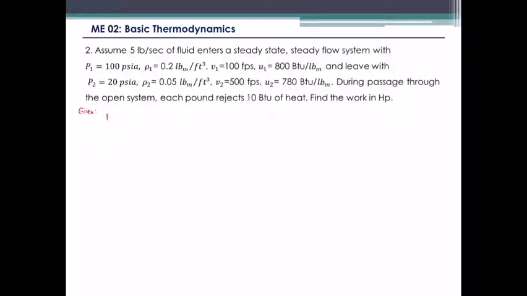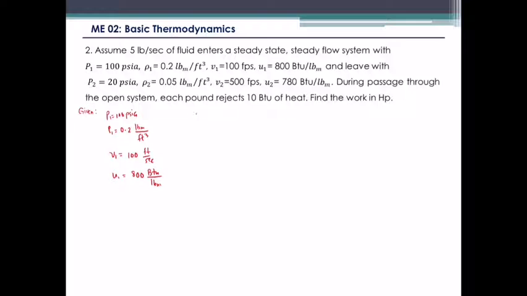We have P1, 100 psi absolute, density at point 1, 0.2 pound mass per cubic feet. We have also velocity at point 1, 100 feet per second. We have internal energy, so this is specific internal energy, as you can see, it is per pound mass, BTU per pound mass, small u.